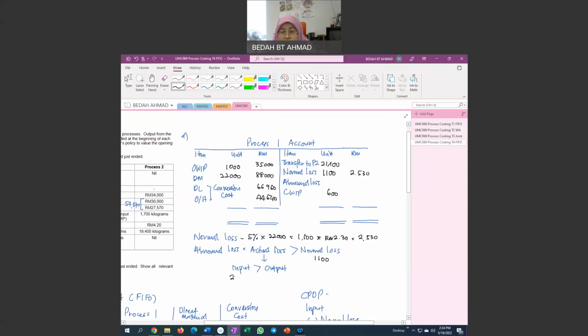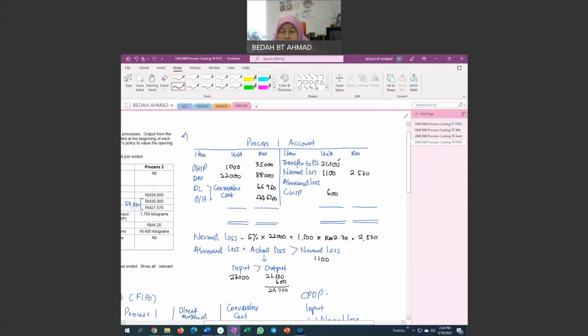The output transferred to process 2 is 21,100 and the closing work in progress 600, so it is 21,700.